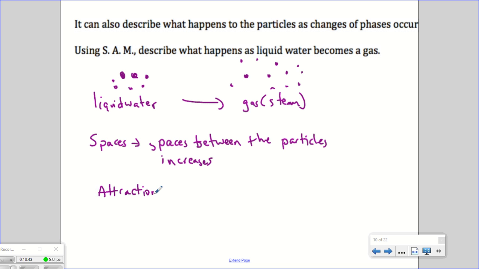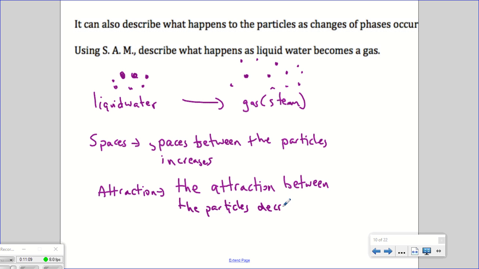For the attraction part of particle theory, as liquid water goes to a gas, the attraction between the particles decreases.